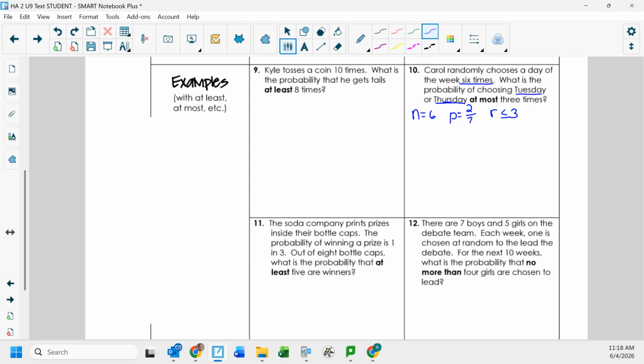And so what we'd have to do is multiple binomial PDFs, because again, our r could be essentially 0, 1, 2, or 3. So I would need to do a binomial PDF multiple times with r's of 0, 1, 2, and 3.